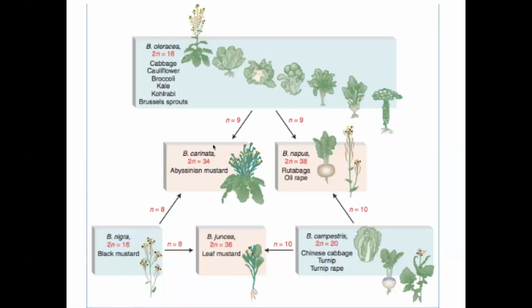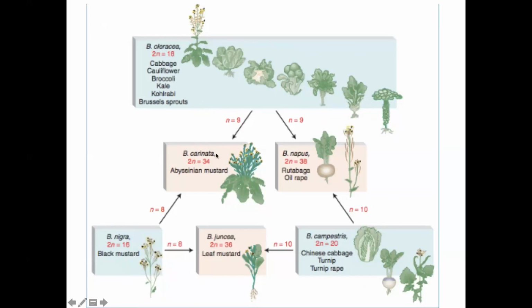So again, a haploid of 8 here and a haploid of 9. So the sterile hybrid cells would consist of 17 unpaired chromosomes. You get a global non-disjunction event. You double that, which is 34, and that's the chromosome count of these different plants that fall within the carinata species.